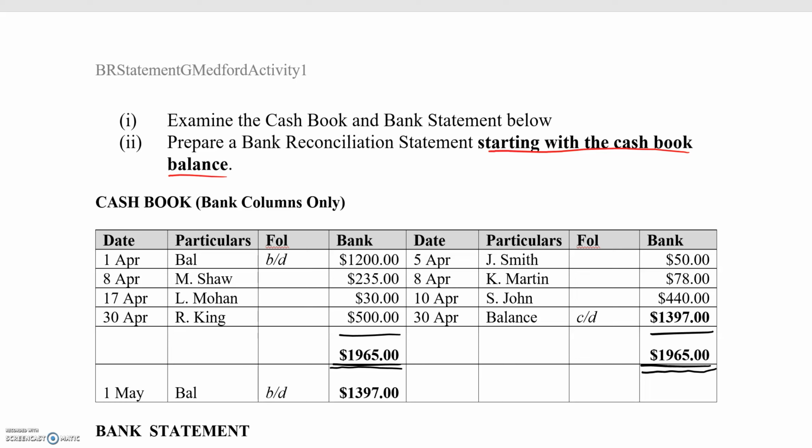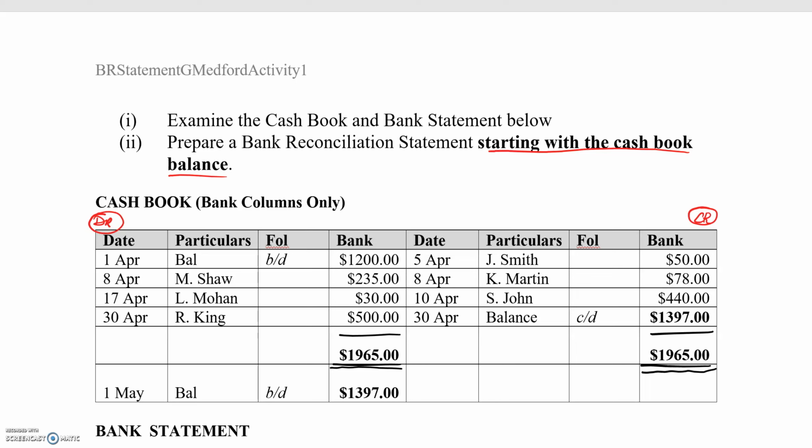So let's examine the cash book. We have the date, particulars, folio number or folio, bank, date, particulars, folio, bank. And we know from examining the cash book that there are two sides to the cash book, the debit side and the credit side.